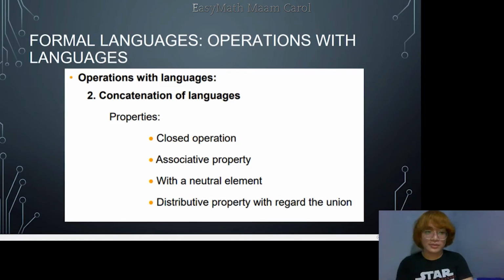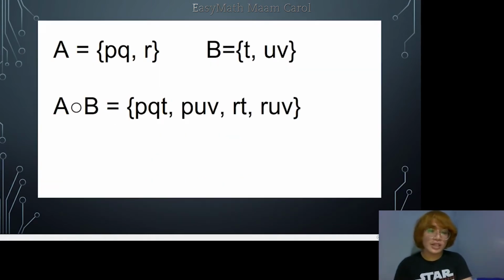Its properties are closed operation, associative property with the neutral element, and distributive property with regard to the union. With regard to the union, you distribute the B over the A, and for B concatenated with A, you distribute the B over the A likewise.